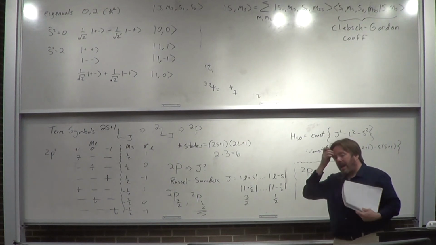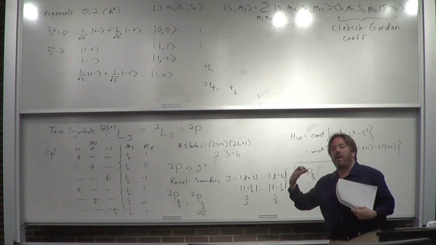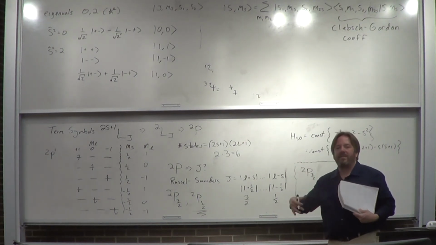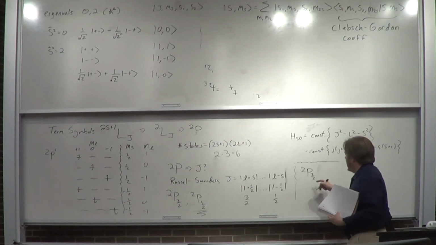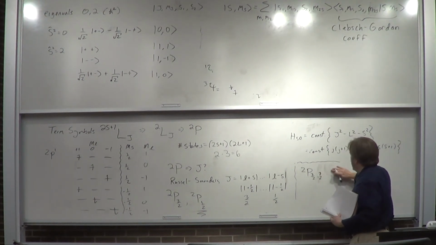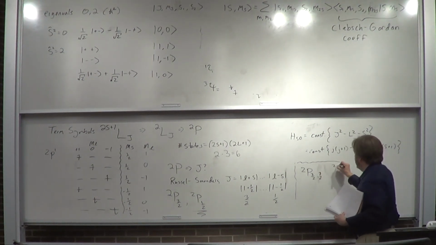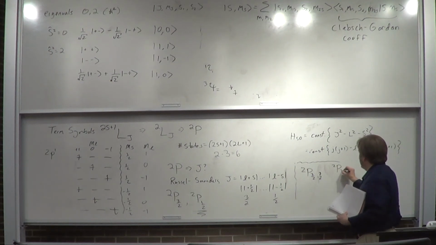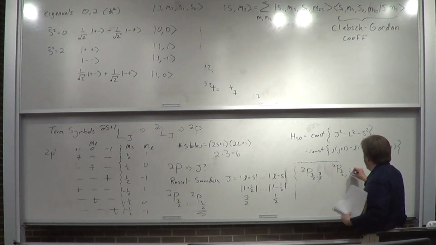Just like a P state has M sub L of +1, 0, and -1. I've got a 2P 3 halves state, then I've got 3 halves, this is the M sub J state. Then I've got 1 half.